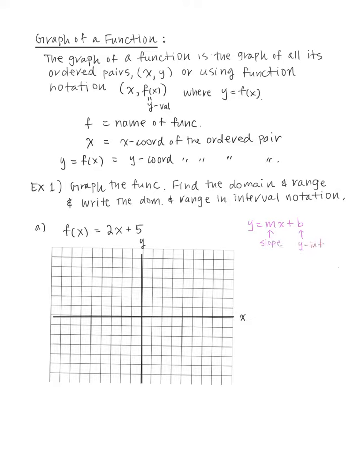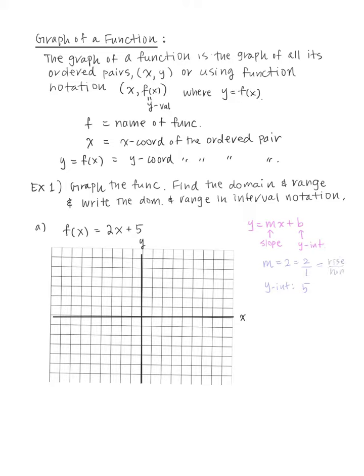What's a y-intercept? That's where the graph is going to touch or cross the y-axis. So in this case, notice that our slope m is 2, which is the same thing as 2 over 1, and our y-intercept is 5. Also, let's recall that slope was defined as rise over run.